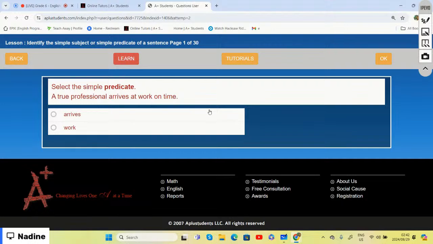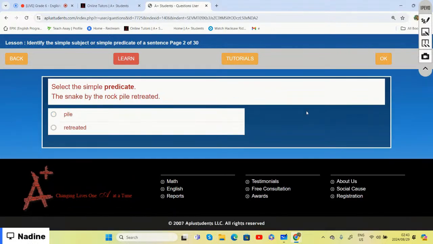Is it arrives or is it work? And if we were to select the correct predicate, we will say it is arrives because it's the verb, it's the action, right?